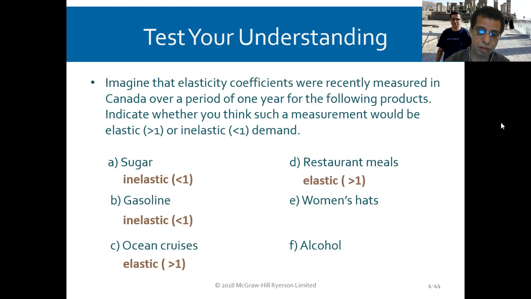If you increase the price of food in restaurants, you end up eating more at home. And the hat, it's fashion, and the more you increase the price, people will be reacting to it; elastic. But as we said, cigarettes and alcohol are almost perfectly inelastic. An alcoholic person would not stop drinking. A person who is used to drinking beer on weekends will cut a little bit if the price increases.